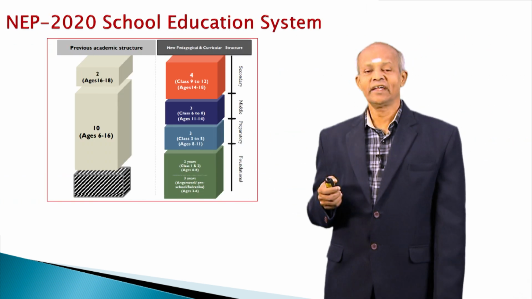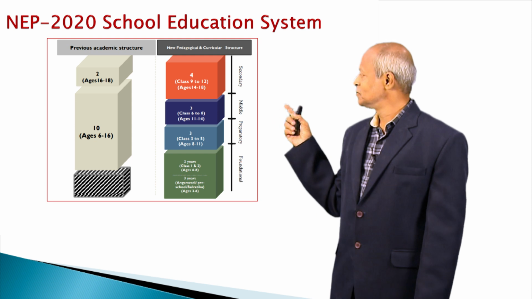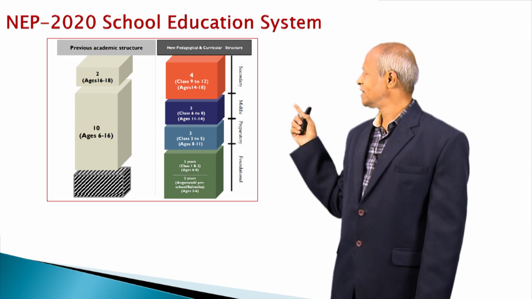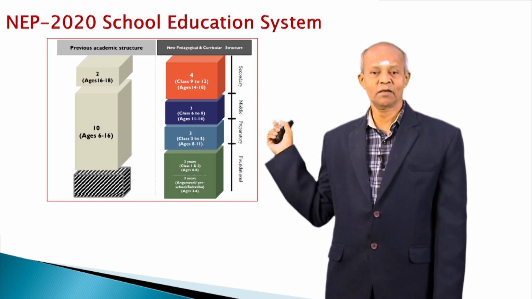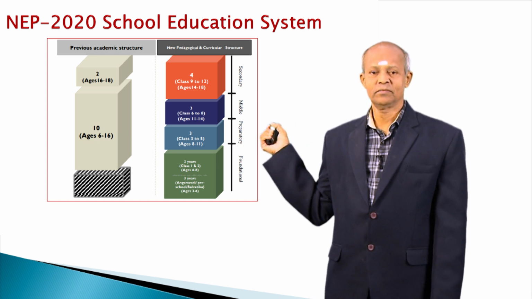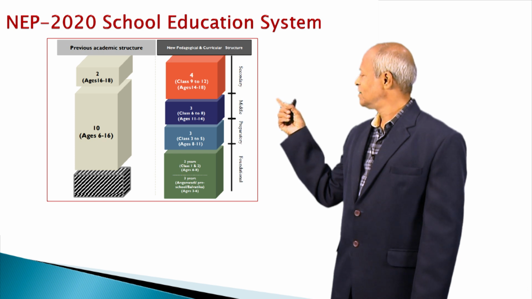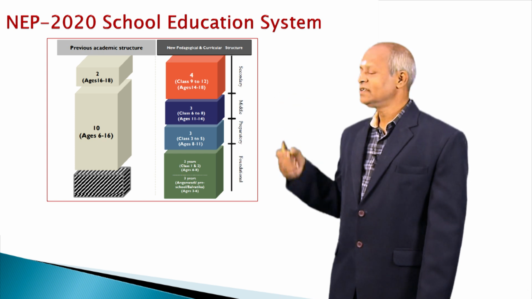And this is the pattern, the 10 plus 2 is replaced by 5 plus 3 plus 3 plus 4. So, that is the pattern, and the diagram shows the foundation and the preliminary or preparatory, middle and secondary.